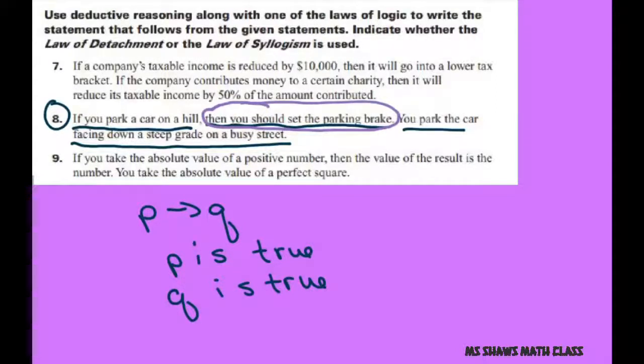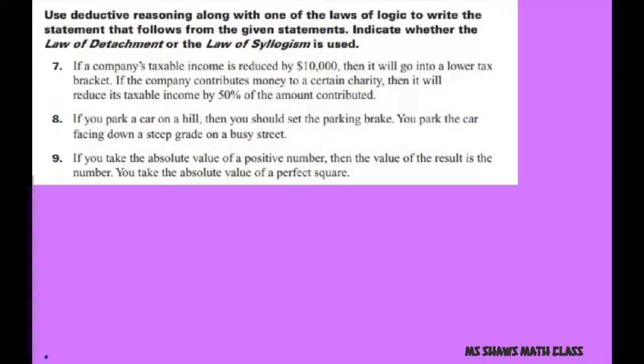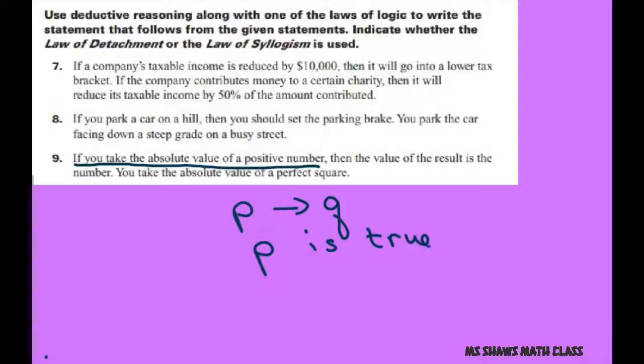All right, number 9 says if you take the absolute value of a positive number, if P, then the result will be that number. You do take the absolute value of a positive number, so P is true, but your positive number is a perfect square. For example, 2 squared equals 4, so 4 would be a perfect square. That means Q is true.